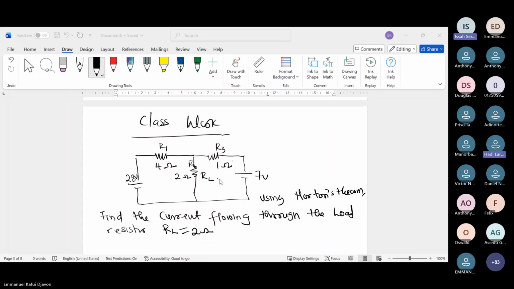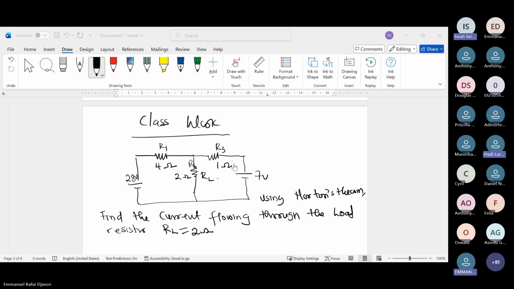The formula is V equal to I times R. Then you put the figures, then you calculate it, you get 1.4. The current over there, the I over there, is 14.